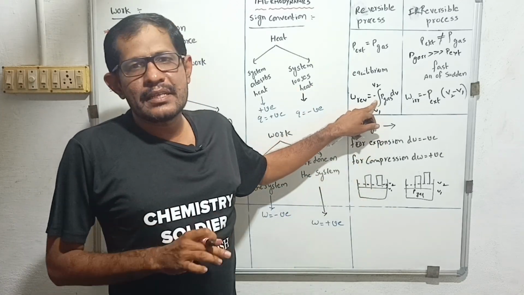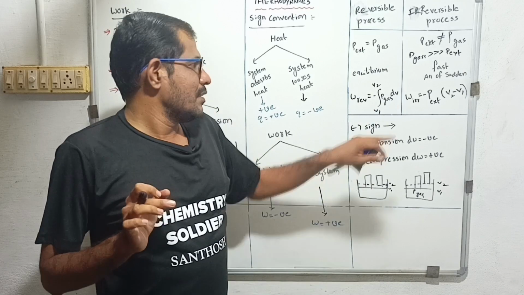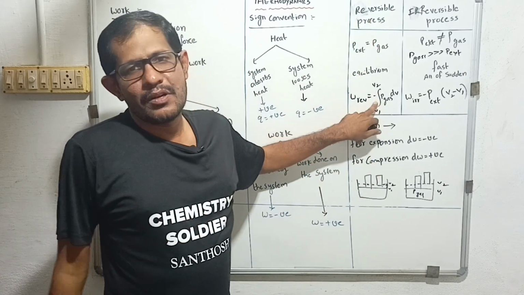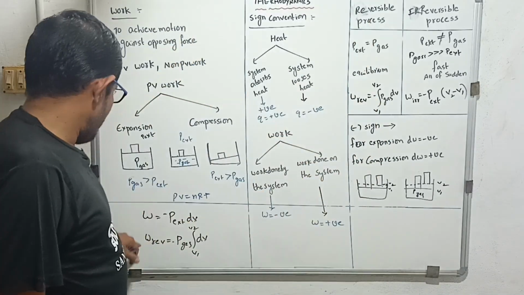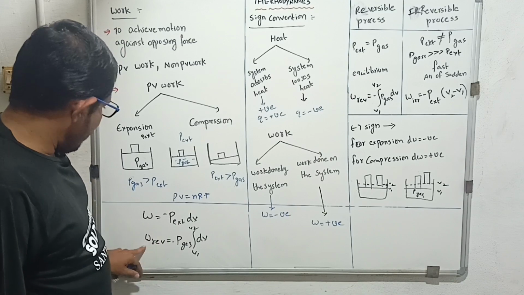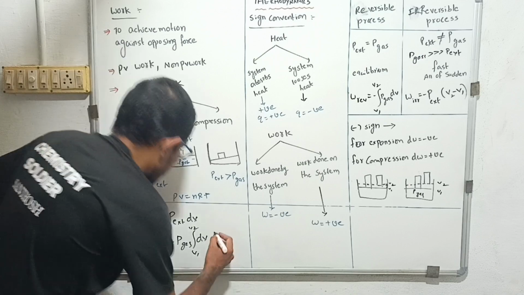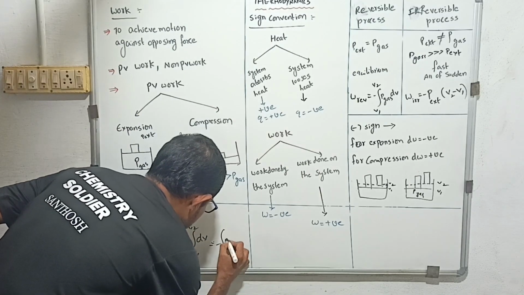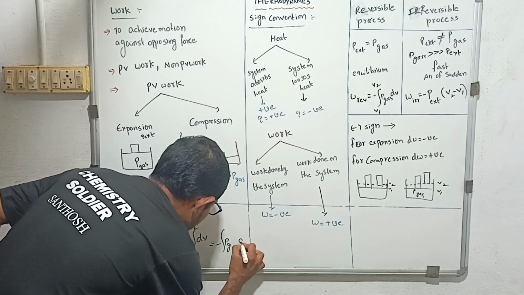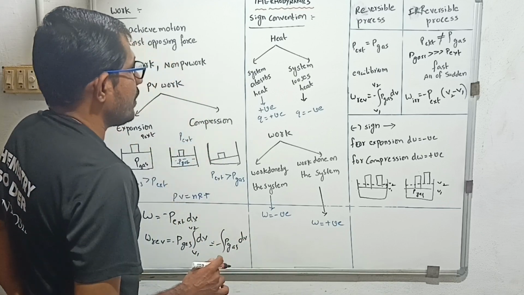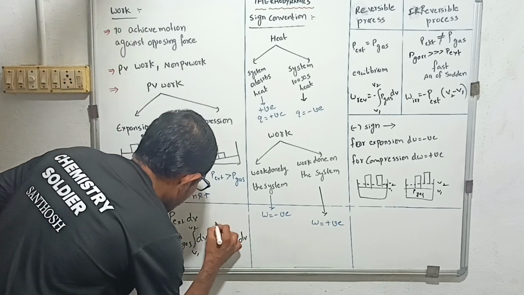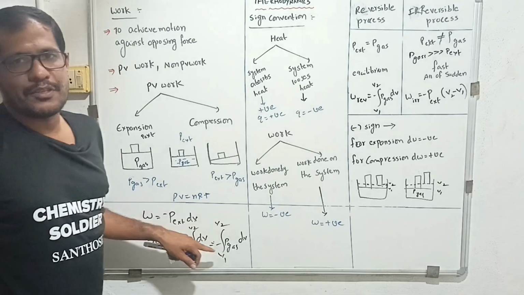In the form of integration we are doing the summation. That's why for a reversible process we use integration. So we can write W reversible equals minus the integral of P gas into dV from V1 to V2. So this is for the reversible process.